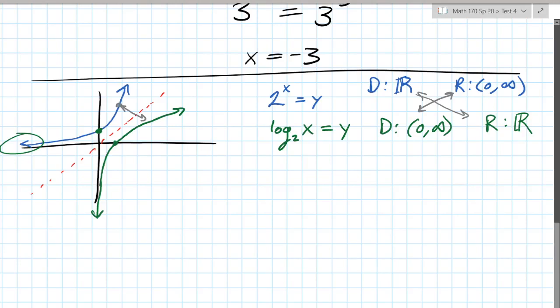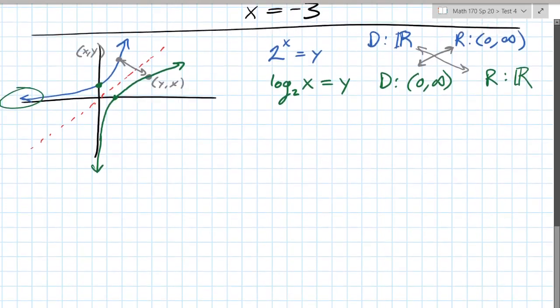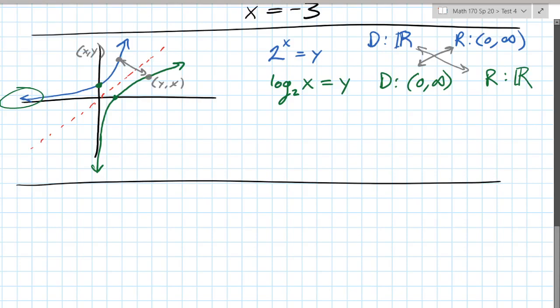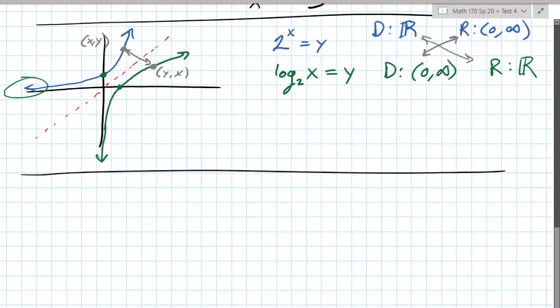So that point right there is an xy point, which would match with this yx point. So the domain and the range switch places. With that in mind, we can graph some logarithmic functions.